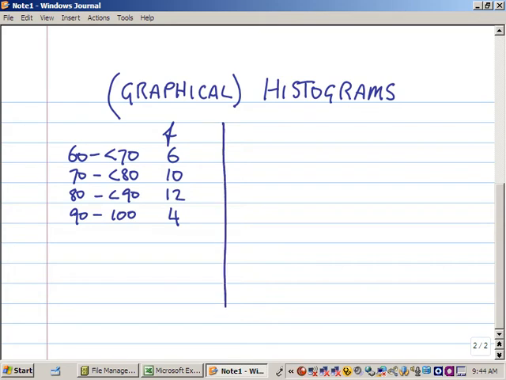Let me squeeze it in here so that we can see this side by side. Along the horizontal axis, we will put tick marks here, 10 units wide. Hopefully this is all about the same. And on the vertical axis, we'll put frequencies.